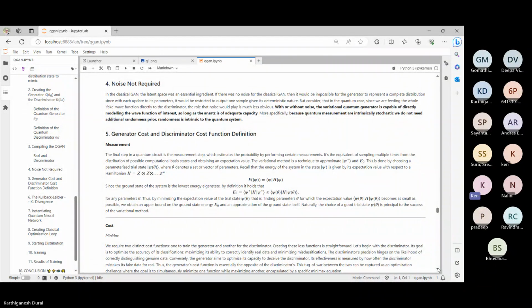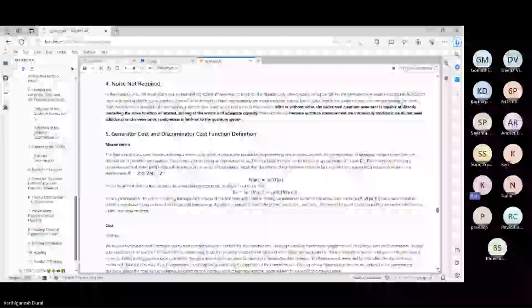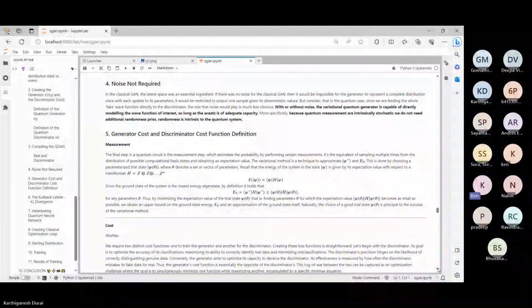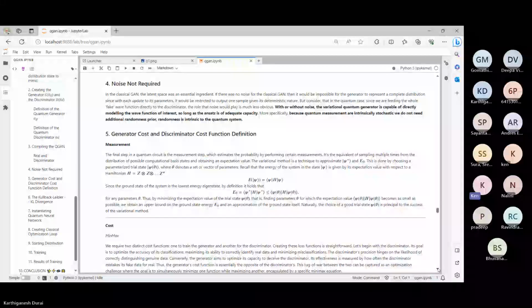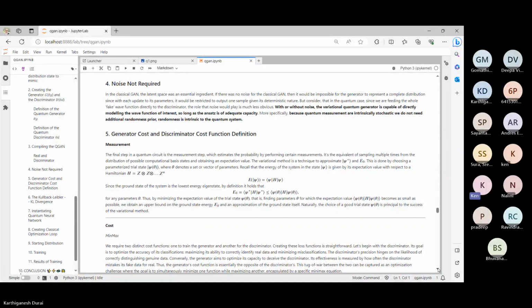Okay, generator cost and discriminator cost function definition. Okay, so I left this here as to explain measurements for us. And when we take a quantum measurement, what we're doing is we're looking for the lowest energy state of the system. And we do this by taking a state psi and sandwiching it with a Hamiltonian, where the Hamiltonian is the z basis that we're taking our measurement in, the orientation that we're taking our measurement in.